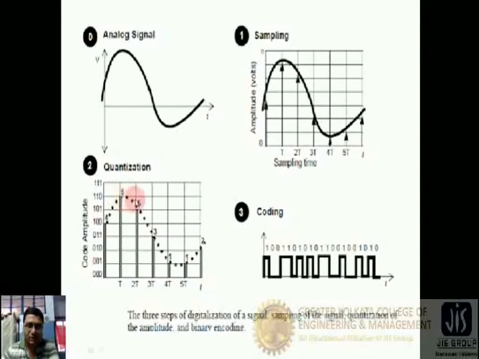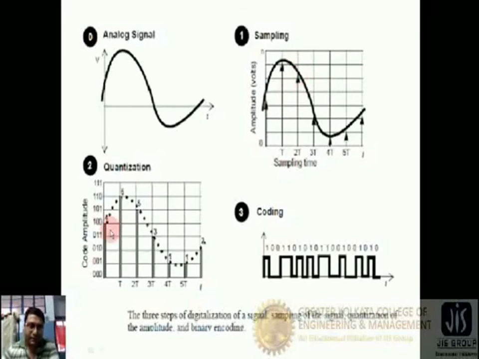See, it is an analog continuous signal, then a discrete time signal, and the amplitudes of these discrete time signals are not digital, but after quantization the signal is in digital form.